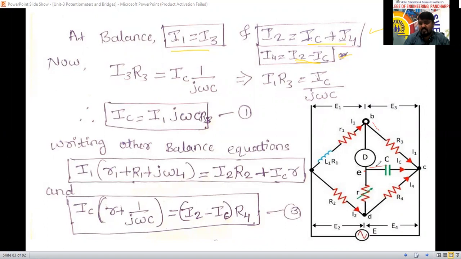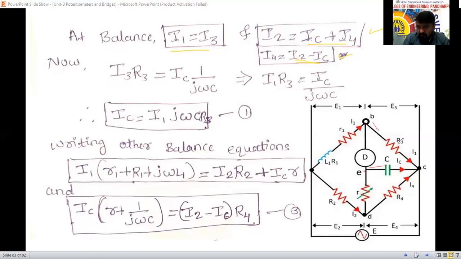Both I will write the equation here now. First, I will consider the potential difference between BC and CE. Potential drop across BC equal to potential drop across CE. If both are equal, then the bridge will be balanced. We can consider here now at a balanced condition.